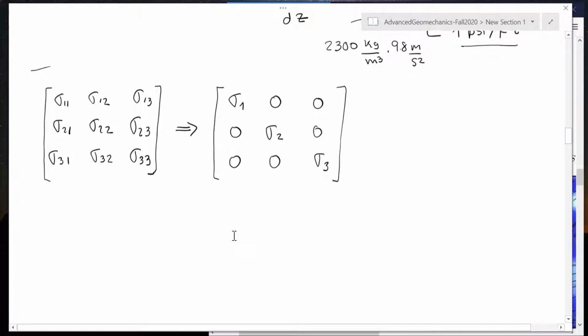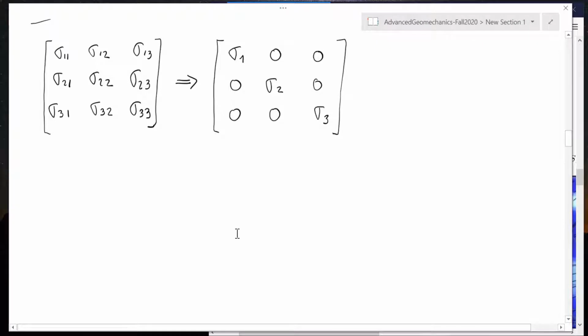Associated with these principal stress values, remember that we also have directions. For example, the tensor on top is written for a particular coordinate system 1, 2, 3. And in order to find the principal directions, we also usually calculate what the principal directions are.